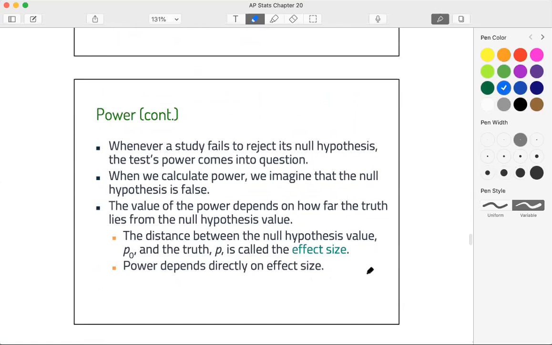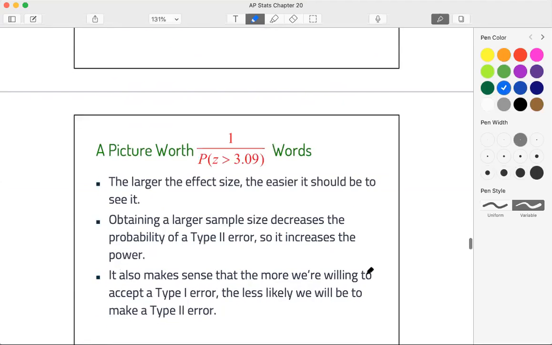Whenever a study fails to reject its null hypothesis, the test power comes into question. When we calculate power, we imagine that the null hypothesis is false. The value of the power depends on how far the truth lies from the null hypothesis value. The distance between the null hypothesis value, p0, and the truth, p, is called the effect size. Power depends directly on the effect size.